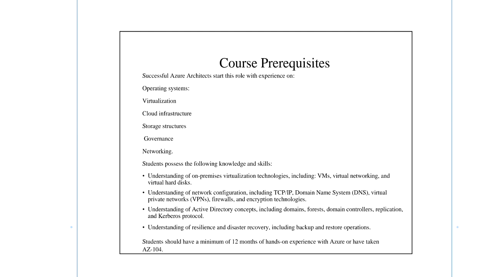Now, if you read here with me, you will see that we prepare students who possess the following knowledge and skills. Understanding of on-premises virtualization technology, including VM, which is virtual machine, as it pertains to Azure, and virtual networking and virtual hard disk.